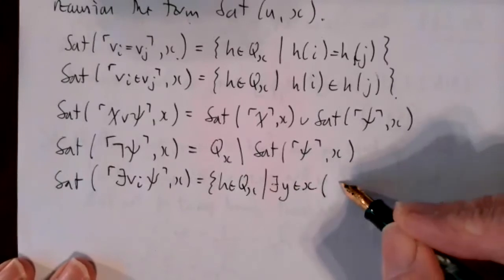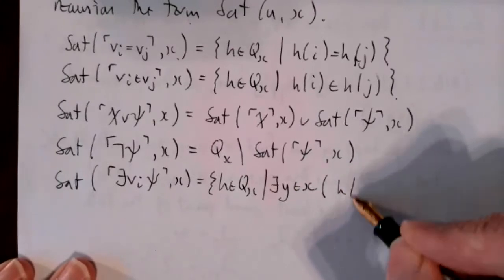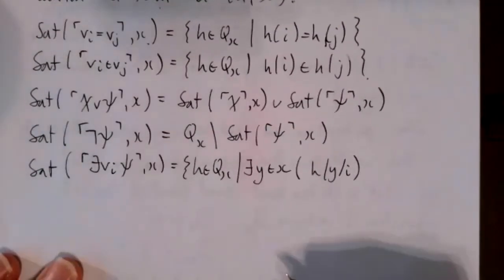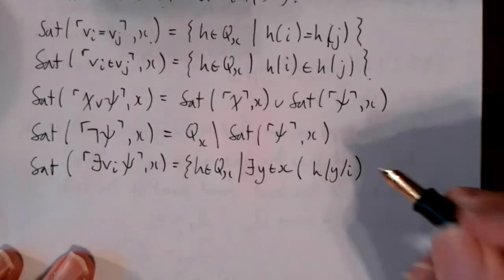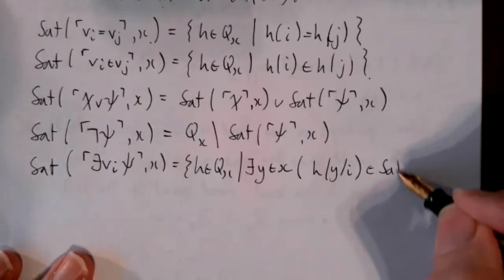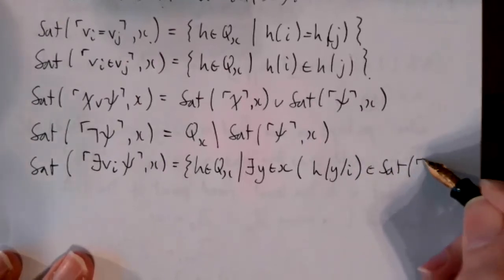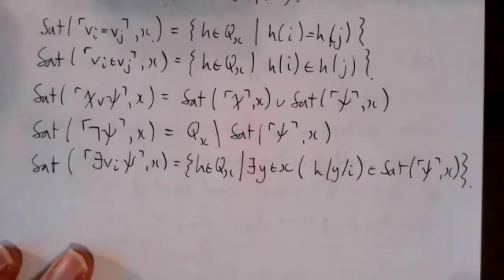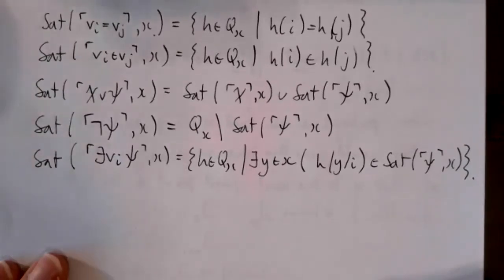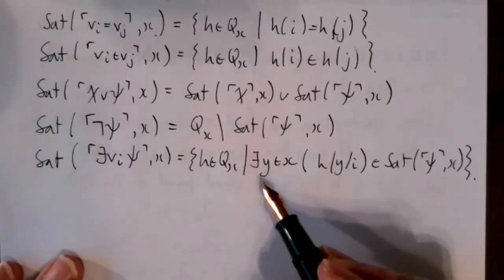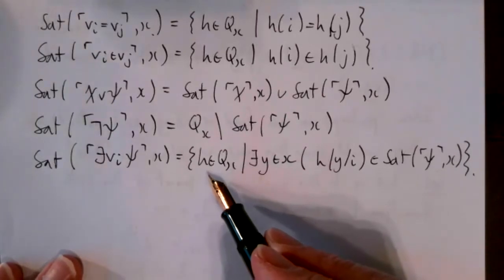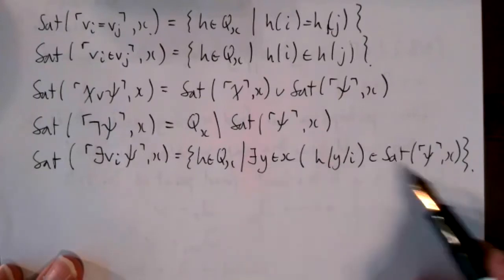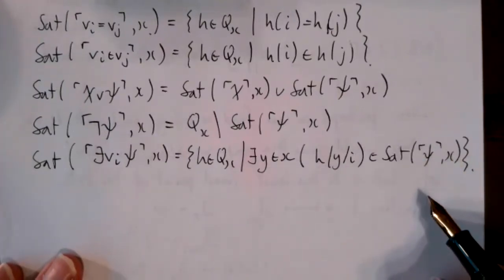So then now, and this is why I introduced this tweak notation, this is now something that makes psi true. Right, so I look at those valuations so that if I amended the valuation to return this y, this will be true.